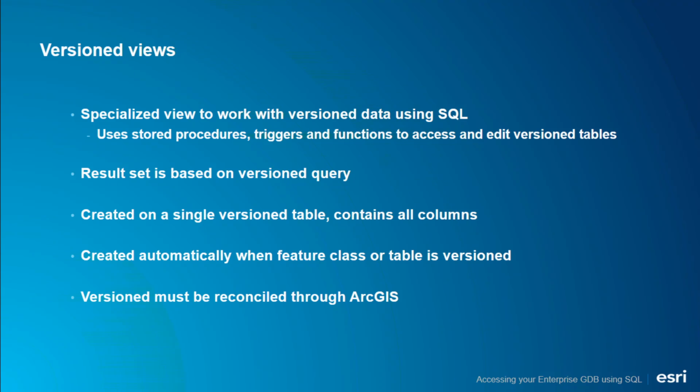Basically, these version views are not just simple views. They are a collection of views that are using stored procedures and triggers. As you edit or insert in these views, they do edits in some other ancillary tables. Now you can do all the edits at the SQL level, but when you do the reconcile and post, you have to do that using an ArcGIS client.